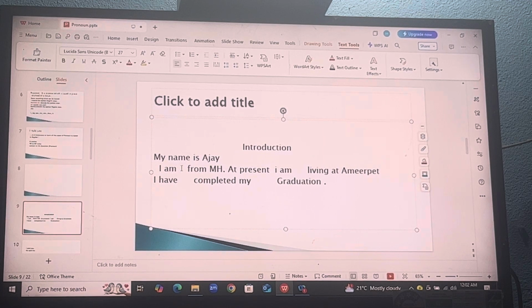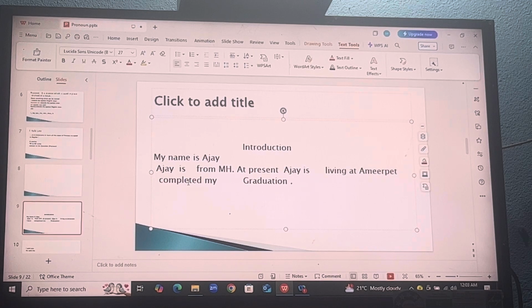But instead of using pronouns in the introduction, let's say someone's name is Ajay, and he says, my name is Ajay, Ajay is from Maharashtra, at present Ajay is living at Ameerpet, and followed by that, Ajay has completed Ajay's graduation. So obviously there is confusion which will arise.